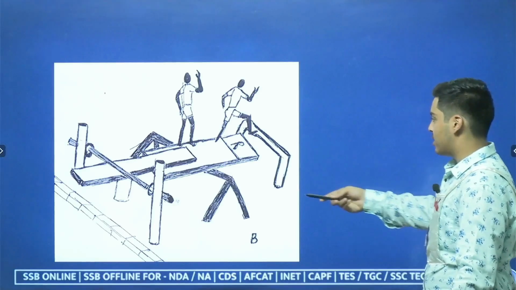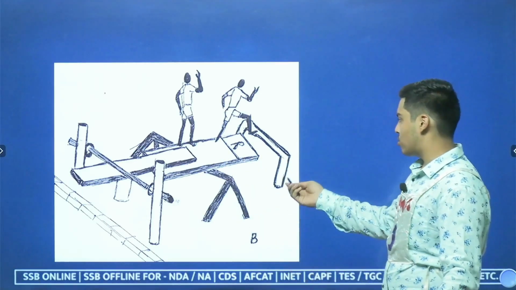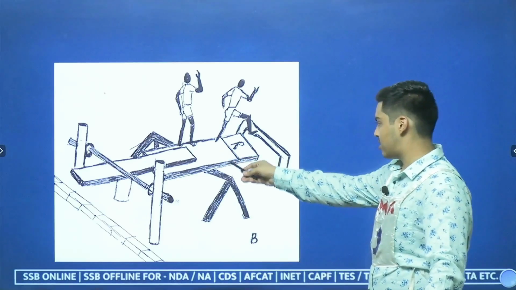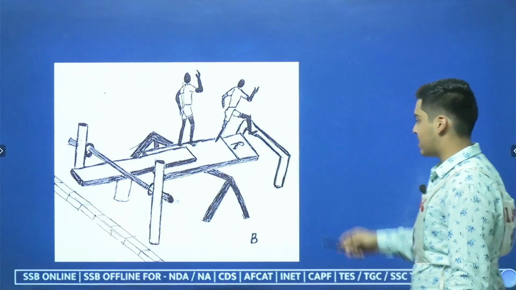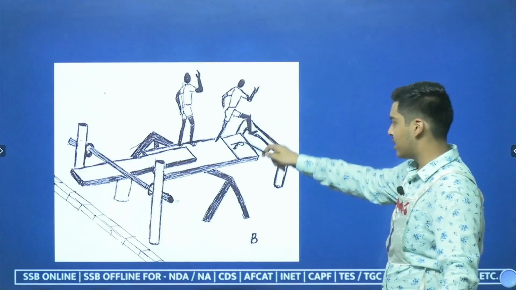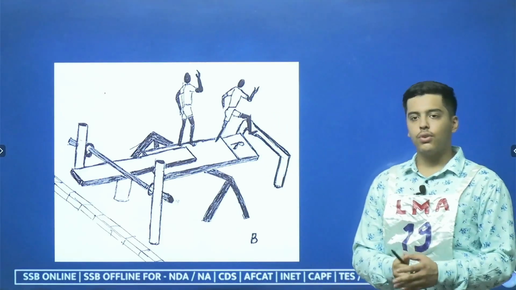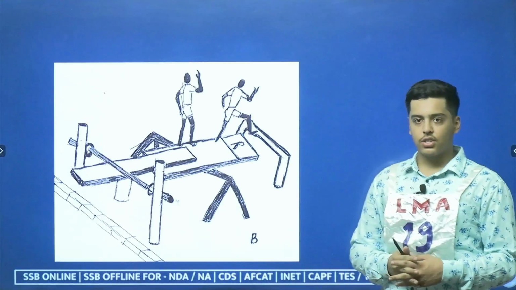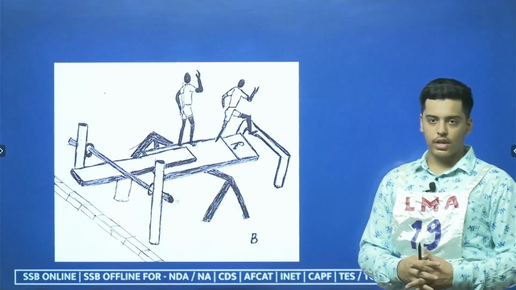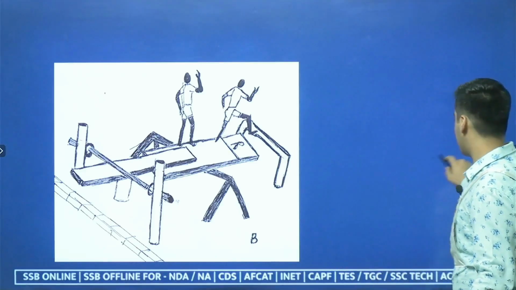So what we'll do is we'll carefully take big steps, or also if possible can jump from this seesaw structure to the next inverted U-shaped structure. As you can see, the candidate is jumping over the red portion so that he does not touch it, because we know that if we touch the red colored structure, we have to start over again, and the task would be disqualified from that portion.